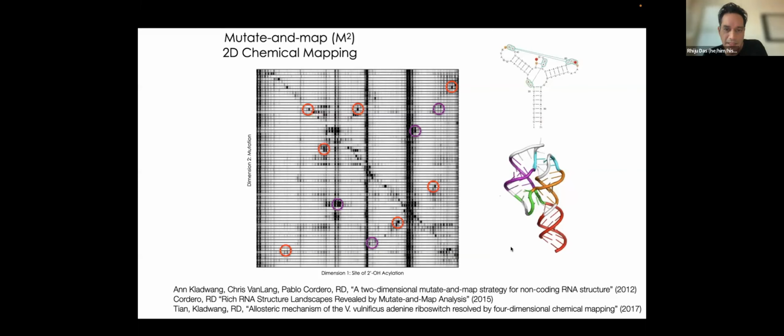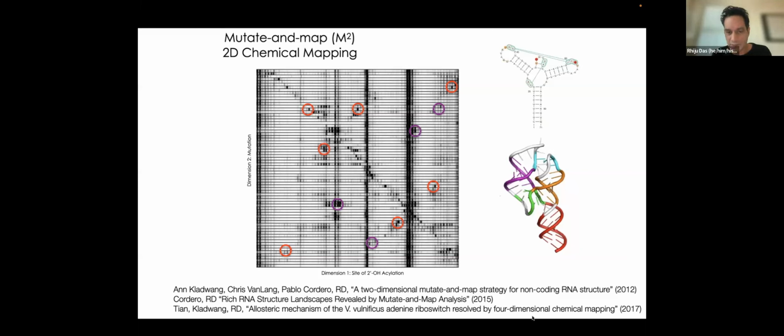And that led to increases in accuracy in secondary structure and tertiary structure modeling. And there's all sorts of additions that involve making single mutations like here, or double mutations, or even up to 3 or 4 layers of mutations that let you infer properties of an RNA's structure, as well as its ensemble of structures if it forms multiple structures.